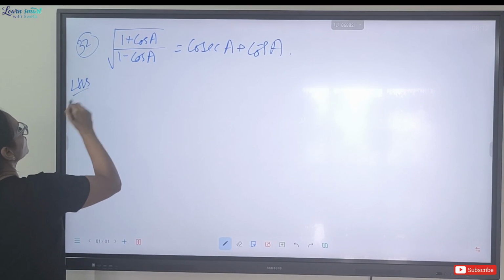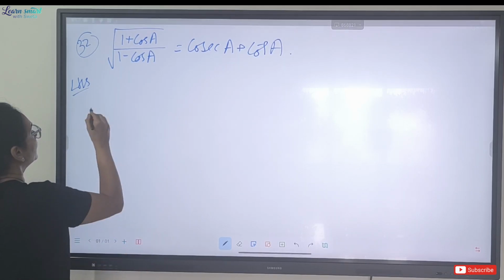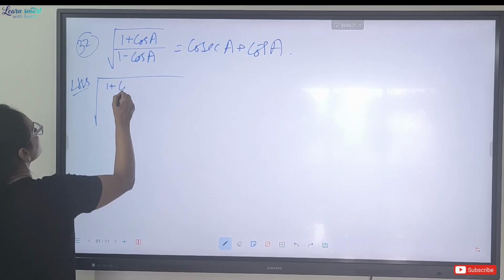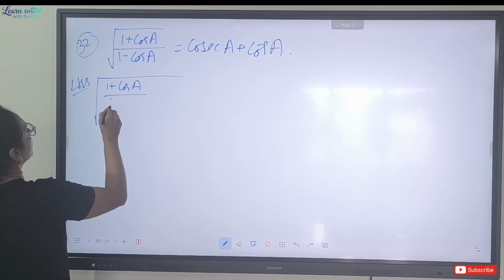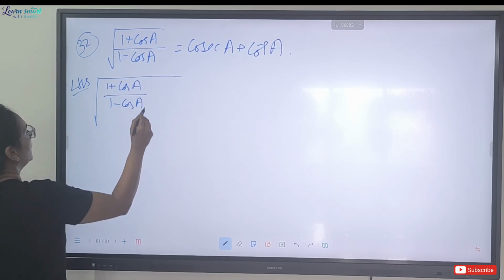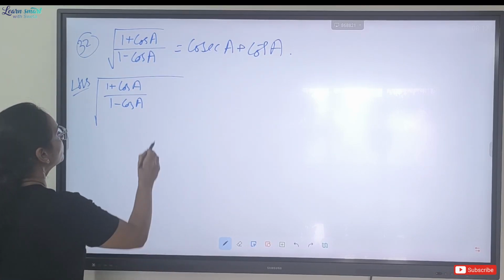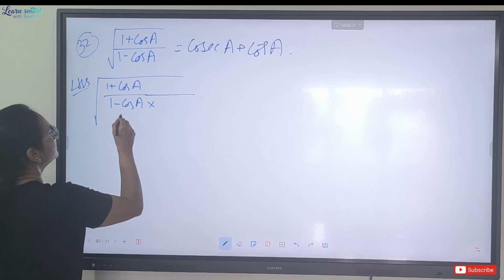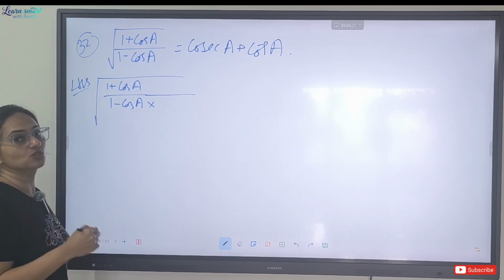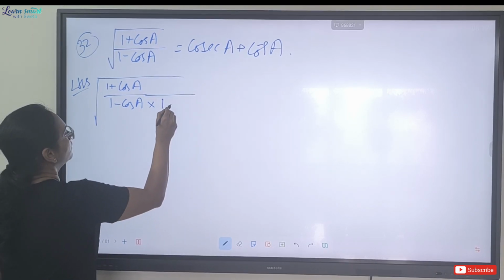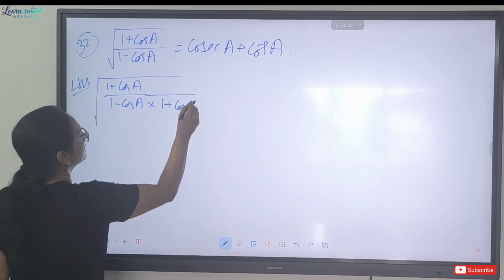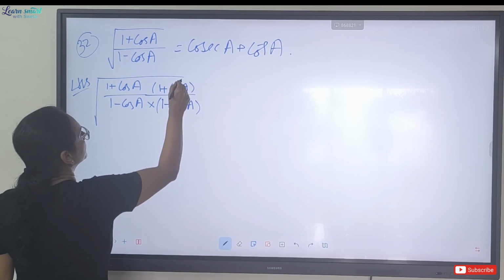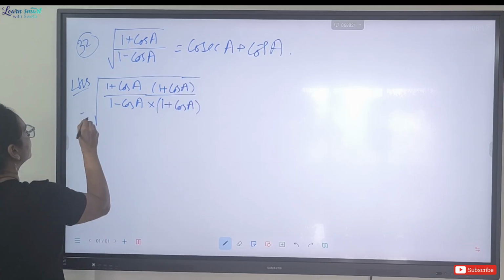So LHS we will solve, and how do we solve LHS? See, in the root we have 1 plus cos A upon 1 minus cos A. Now for such questions what we do is rationalize the denominator. Here in the denominator we have 1 minus cos A, so we should multiply it by 1 plus cos A. We are multiplying the denominator and the numerator by 1 plus cos A. So what do we get?